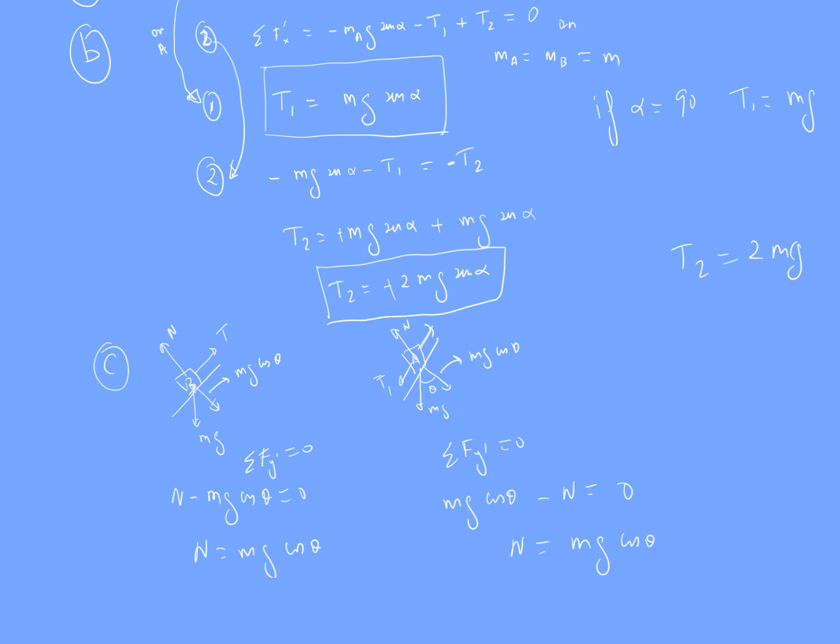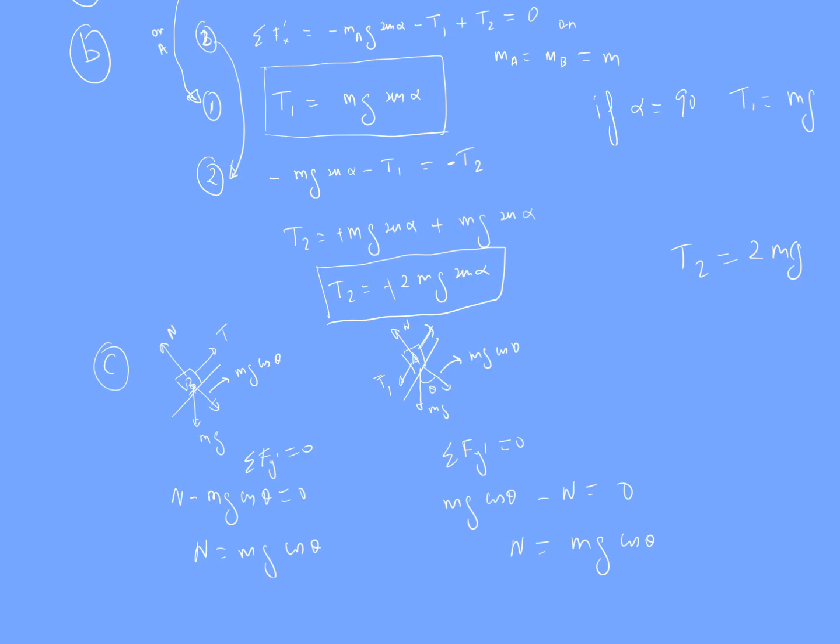So the result will be the same. The component in the y prime direction is mg cosine of theta. This part is mg cosine of theta minus N, or if you prefer, N minus mg cosine of theta, this equation will be valid, of course. The normal force is mg cosine of theta.